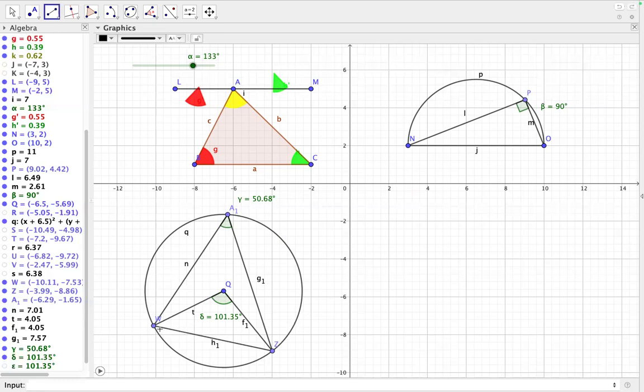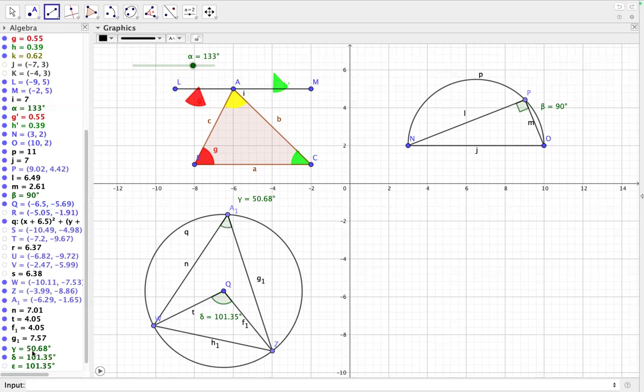Okay. So the angle subtended by this chord at the center of the circle, this angle, delta, will always be twice the angle subtended by the same chord at the circumference of the circle. So here gamma, the angle at the center will always be twice the angle at the circumference.